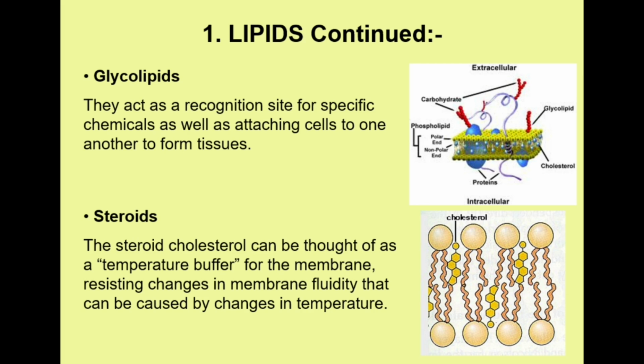So what cholesterol does is it sits between the phospholipids and almost acts like a buffer. If the phospholipids start to solidify, if they try to get close to each other, they cannot, because the cholesterol is sitting in between them. So it prevents the plasma membrane from hardening, if you like.